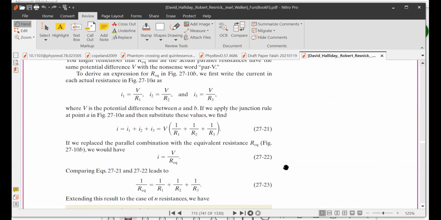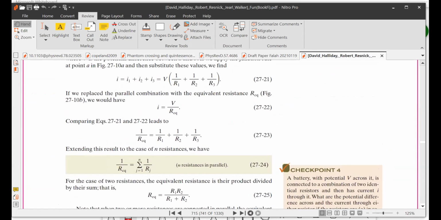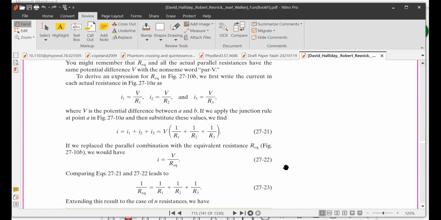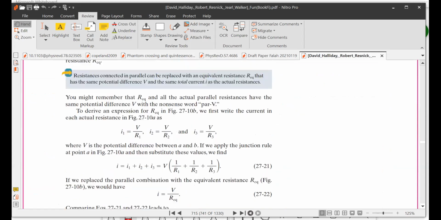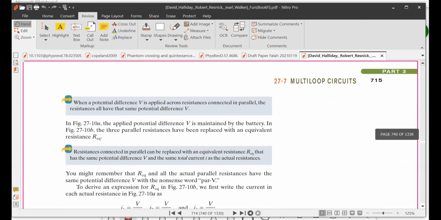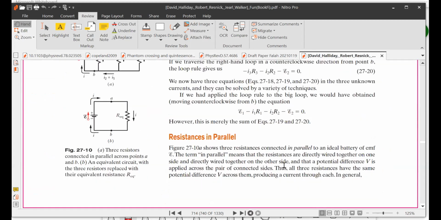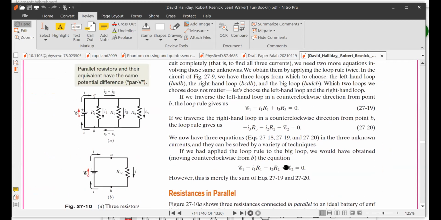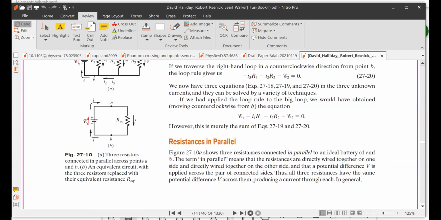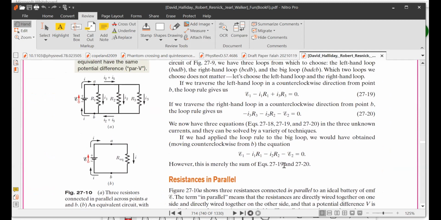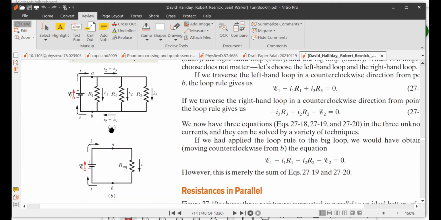Okay, this is a parallel circuit. Something like this in figure 27-10. You see this one?